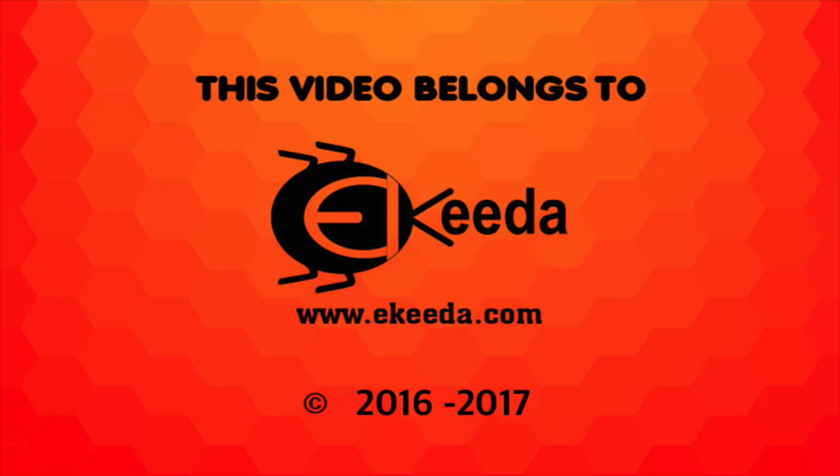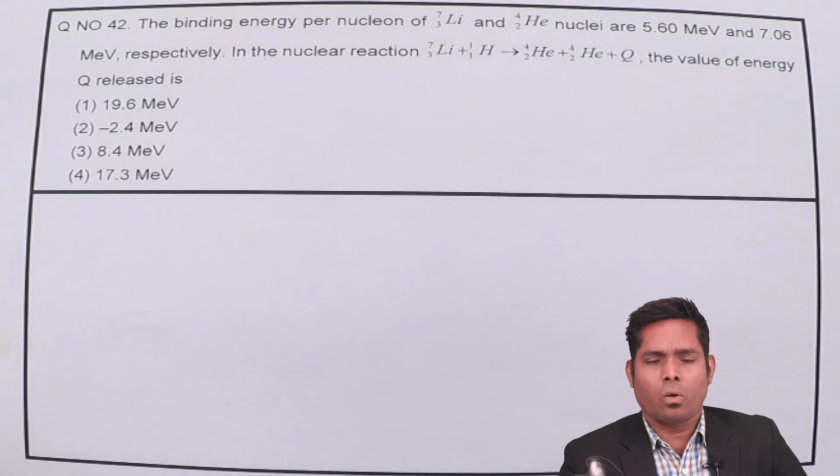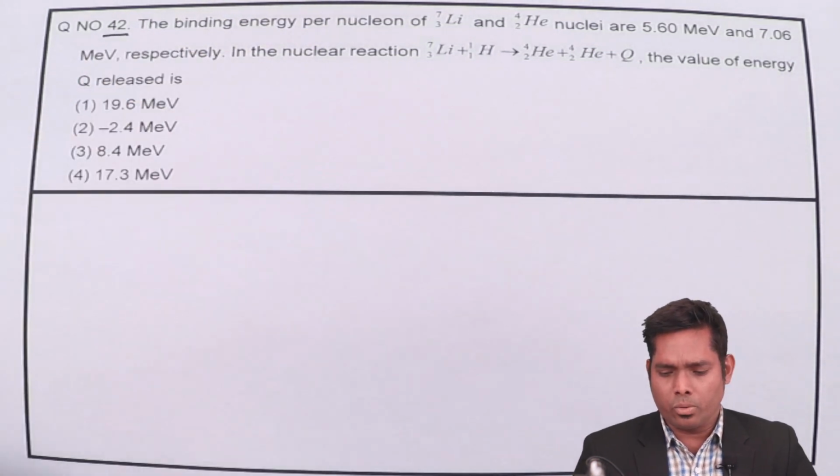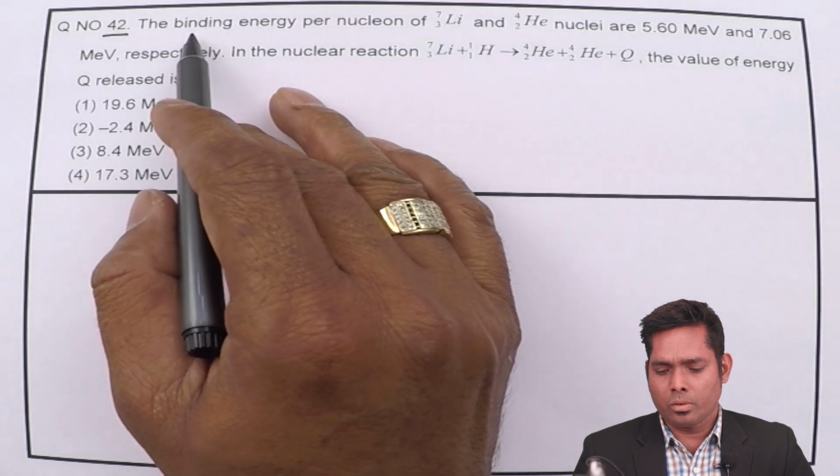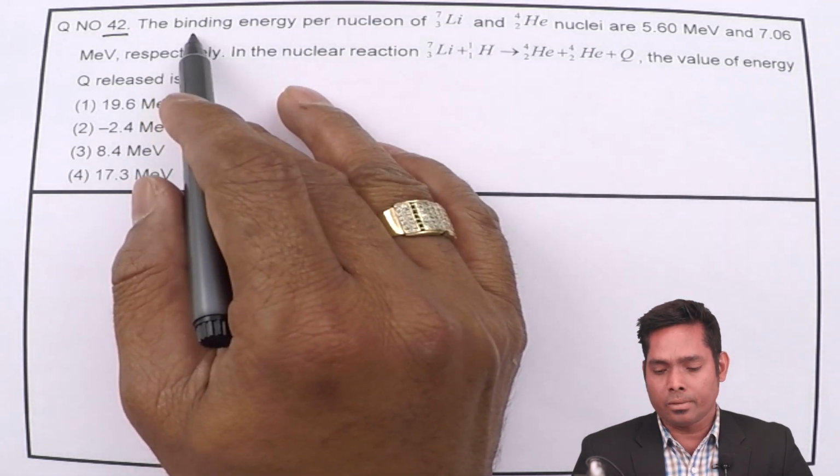Students, let us move to next question, that is question number 42, NEET Physics paper 2014. Let us solve the next question number 42. This is based on nuclear physics, that is binding energy.